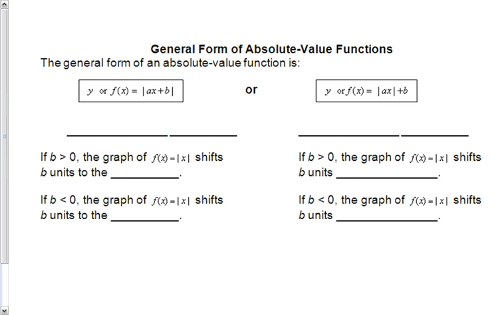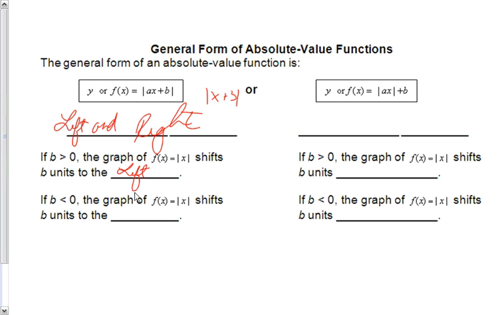If we take a look at some of the things, if we take a look at the b on the inside, what it does is shift the graph left and right. The inside moves the graph left and right. If it's like x plus 3 in the absolute value, it actually shifts to the left, which is a little backwards.